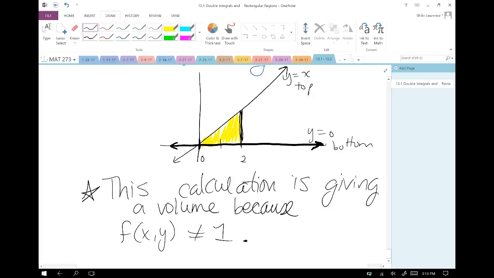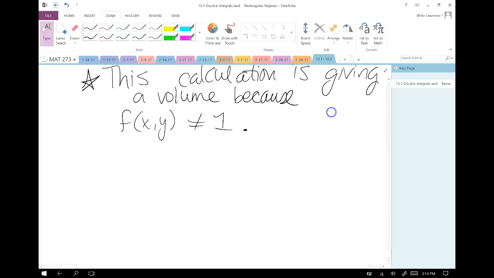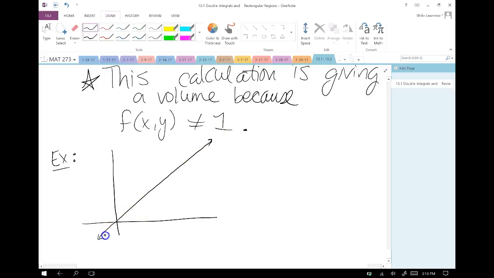Okay, last one. So we've got y equals 2x and y equals 3x minus 9. And the x-axis. This is the region that we're dealing with.